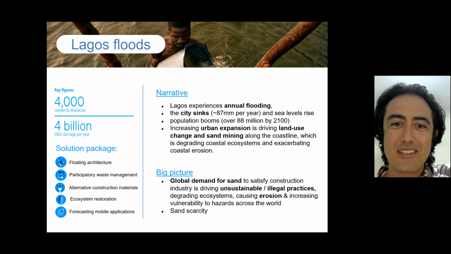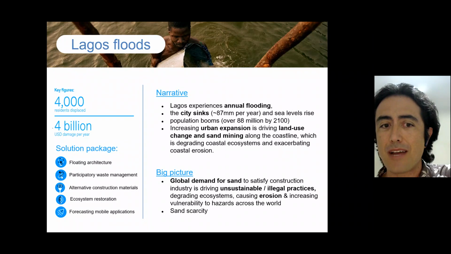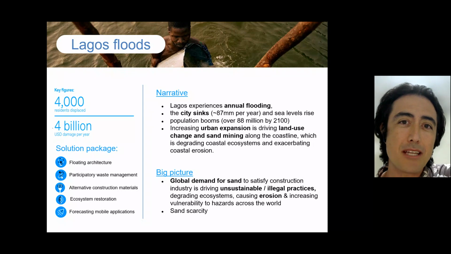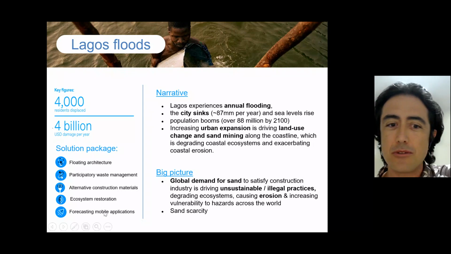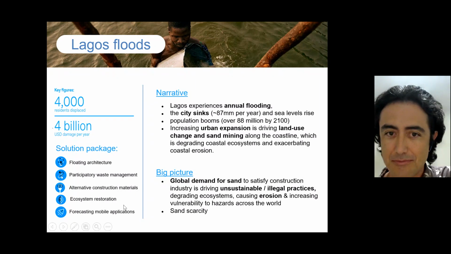Now, this story is not limited to Lagos, and the global demand for sand is driving impacts on ecosystems and also social impacts. And so if we were wanting to address the problem of floods in Lagos, of course, climate change is a major factor. But we also need to look at things like adapting our architecture in the area, looking at participatory waste management to improve drainage systems, and also restoring coastal ecosystems to make them more resilient.